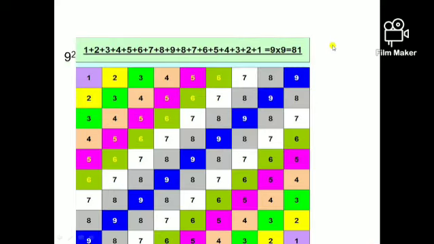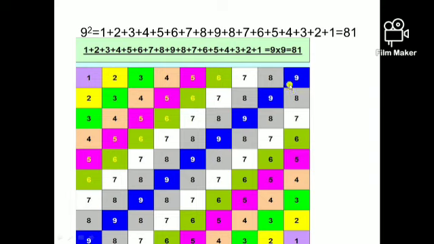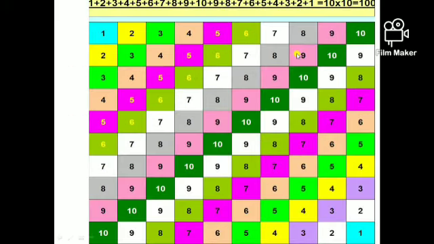Come to the next example. Here 1 to 9 and reverse order added. Then the result is 81. Root of 81 is 9. Look here, 1 to 10 is added, then 9, 8, 7, 6, 5, 4, 3, 2, 1 respectively.